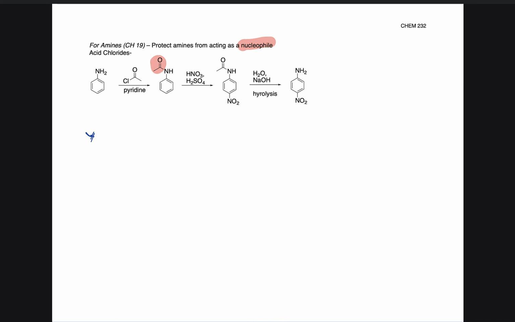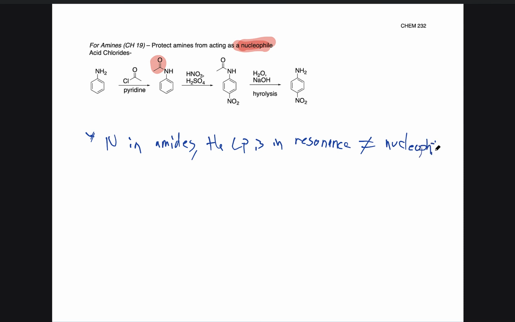So the amine can no longer act as a nucleophile, because the nitrogen in amides, the lone pair is in resonance, meaning the nitrogen is no longer nucleophilic. So it can no longer act as a nucleophile.